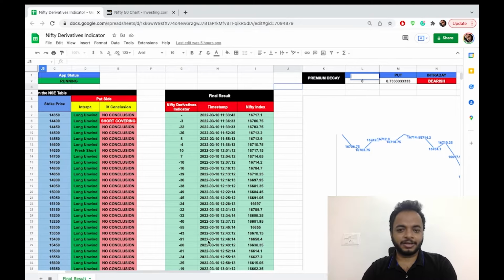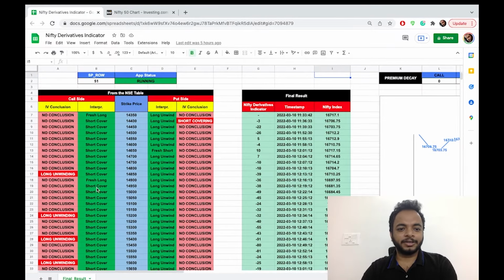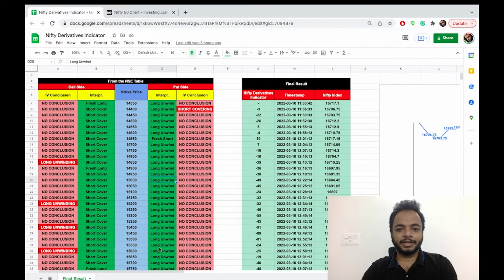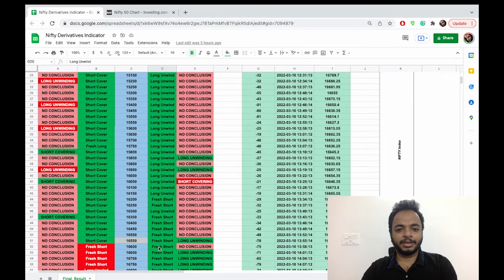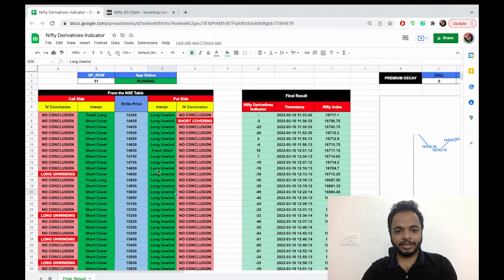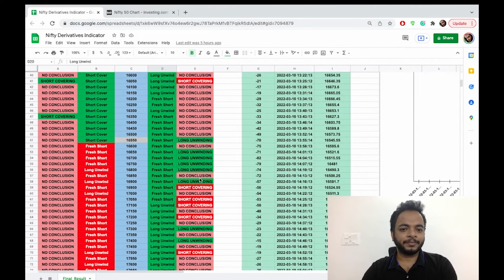First let's see what all we have in this sheet. In the interpretation column, the two green columns on the call side and the put side tell you what happened over the long term, what positions have been taken, and the IV conclusions are for instantaneous conclusions, like what's currently happening.